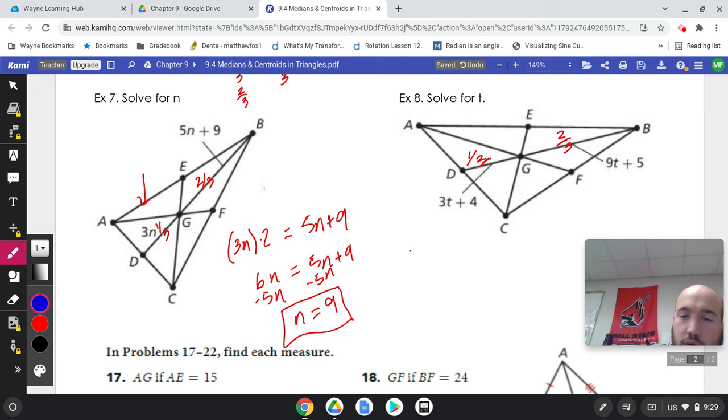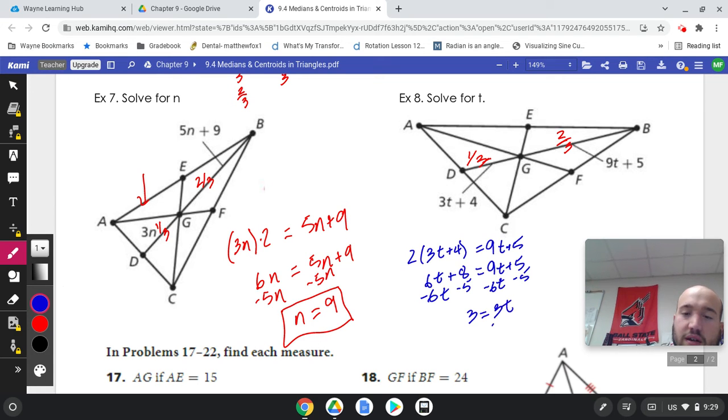So we'll get 6t plus 8 equals 9t plus 5. Subtract 5, subtract 6t, divide, t equals 1.